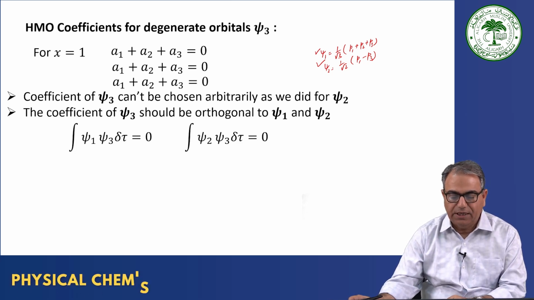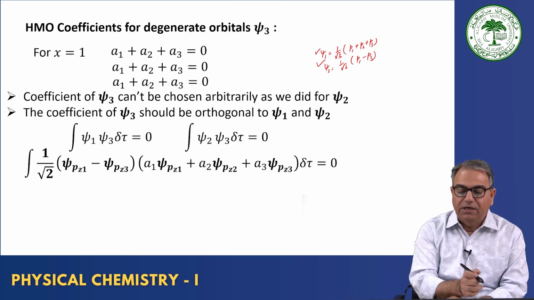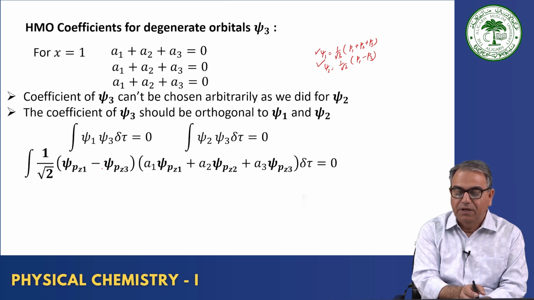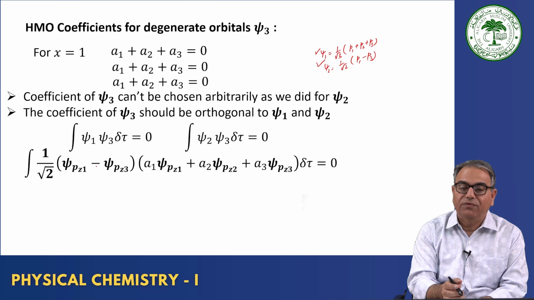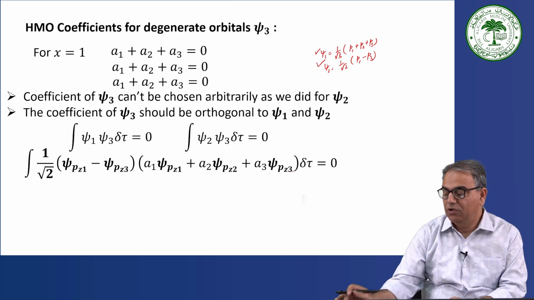Psi 2 wave function is 1 by root 2 (pz1 minus pz3), and for psi 3, which we don't know, we have to find the a1, a2, a3 values, so we write a1 pz1 plus a2 pz2 plus a3 pz3.